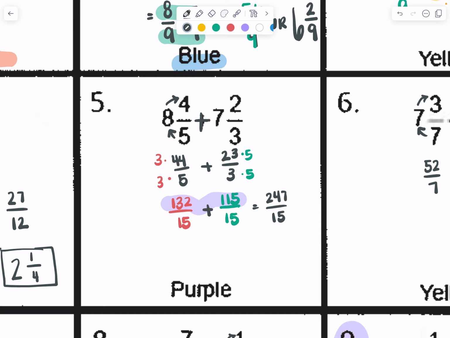And then I'm going to convert the improper fraction to a mixed number. And this would be with long division. I'm just using my calculator to divide. So it goes in 16 times with 7 left over.